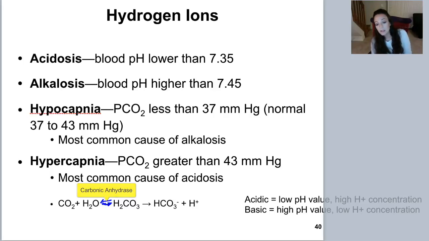Remember, enzymes don't just cause the reaction to occur, they actually speed up the reaction. The reaction would occur on its own; the enzyme just allows it to occur much faster. So that enzyme is present in our bloodstream, and it can catalyze the forward reaction and the reverse reaction just at this step right here. So I do want you to know the name of that enzyme as well.